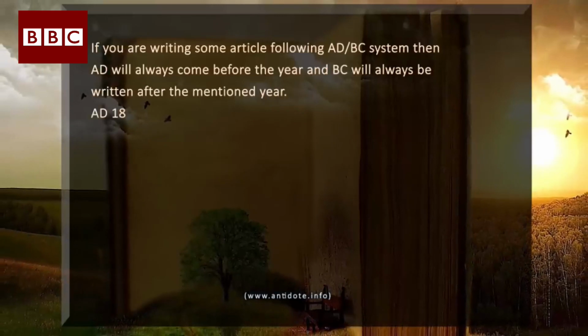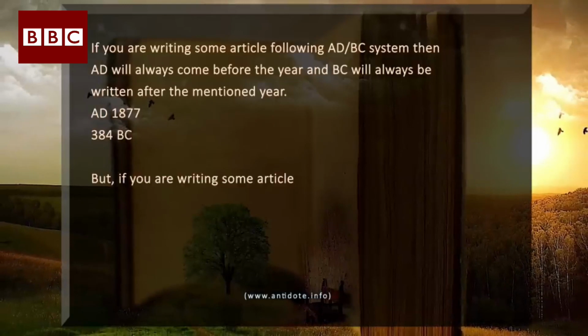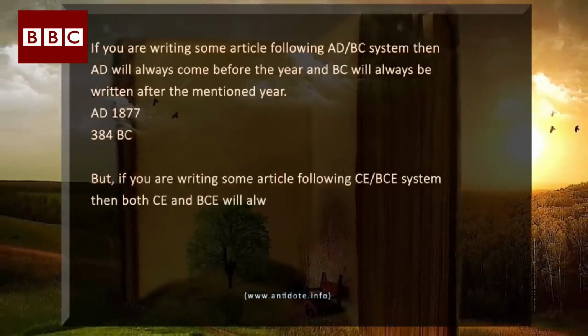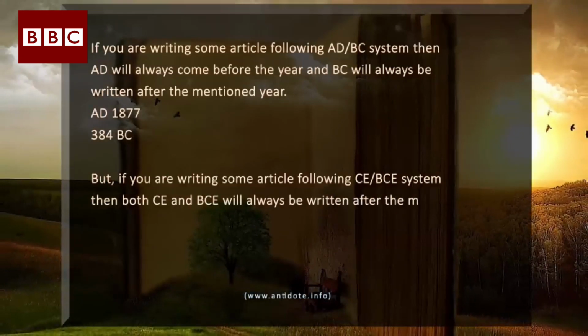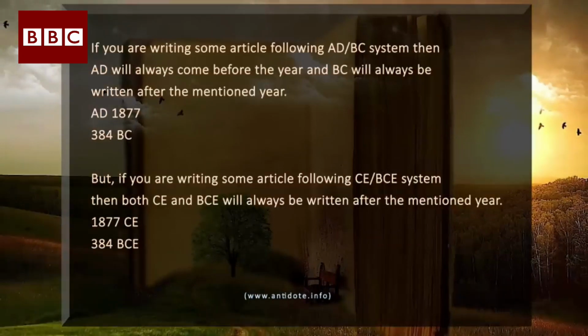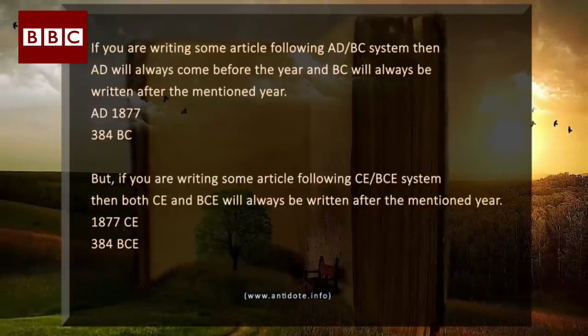Now, to write them, some things should be taken care of. If you write articles under the AD-BC system, AD will be written before the year of any event. For example, Allama Iqbal was born in AD 1877, while BC will be written after the year of any event.